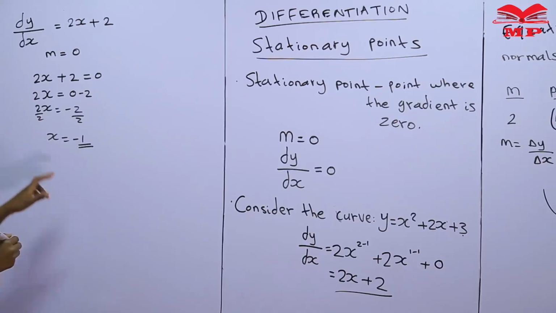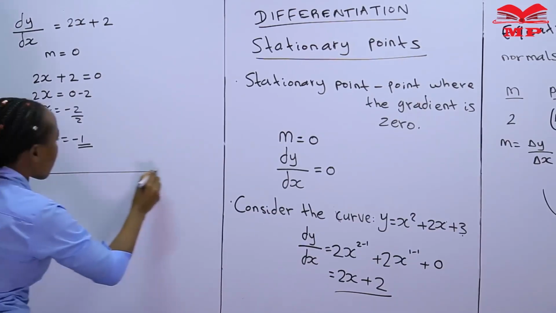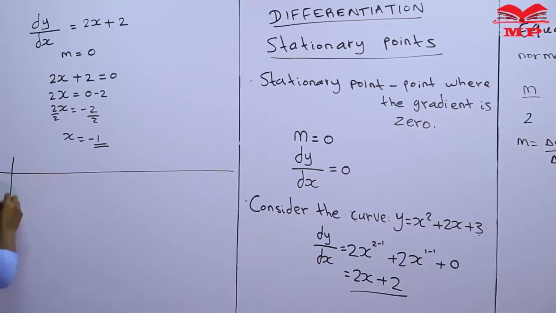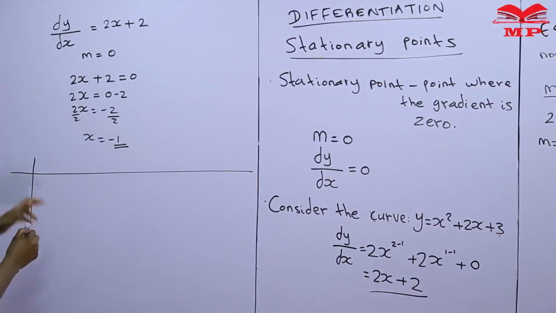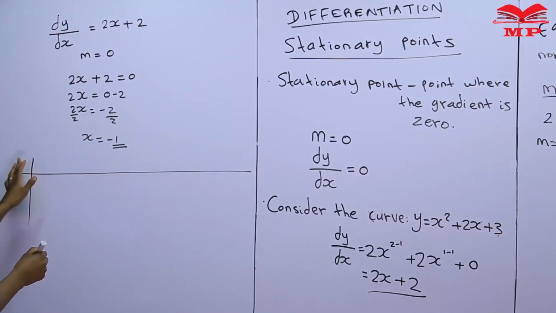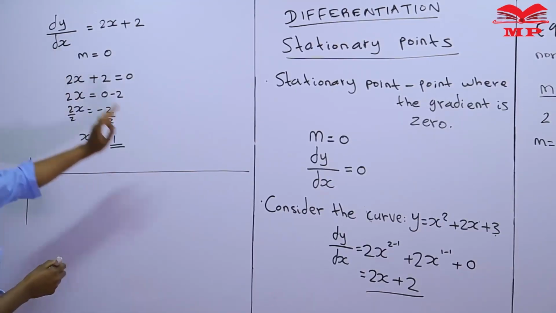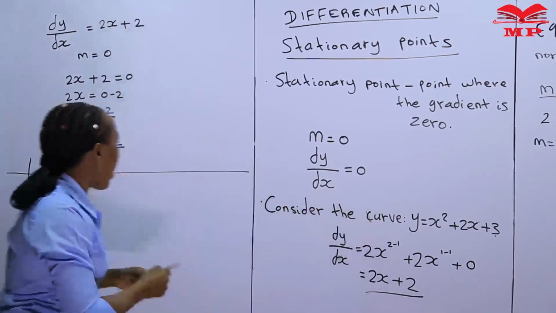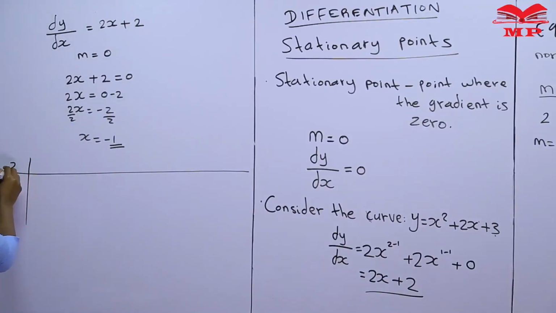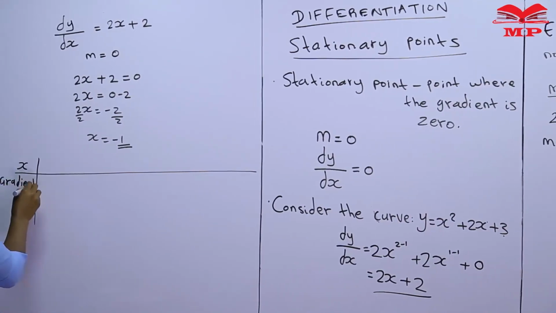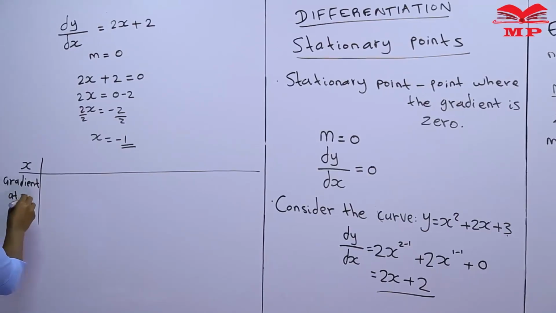Now, I want us to be keen on this. I want us to have a table where we have some values of x. We can get values on both the negative and the positive side of the curve that we have here. So here we have the values of x, on both the negative and positive sides, and then we want to get the gradient at that point x.